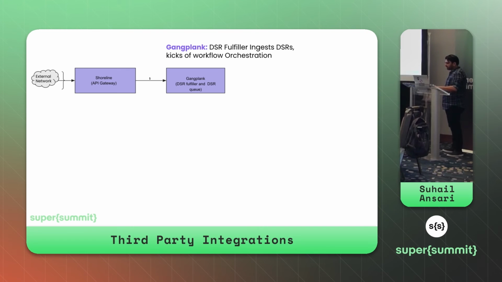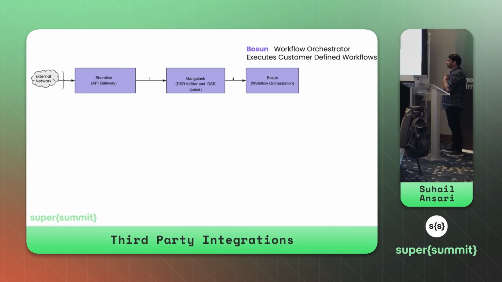And then we have a microservice called Boson, which picks up this DSR, and what it does is determine from customer configuration, for this particular jurisdiction and this particular right, what workflows they have configured, and it kicks them off. And like I said, all our workflows are temporal, so it goes to temporal.